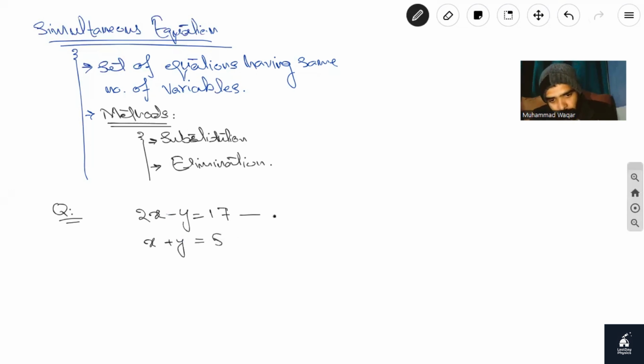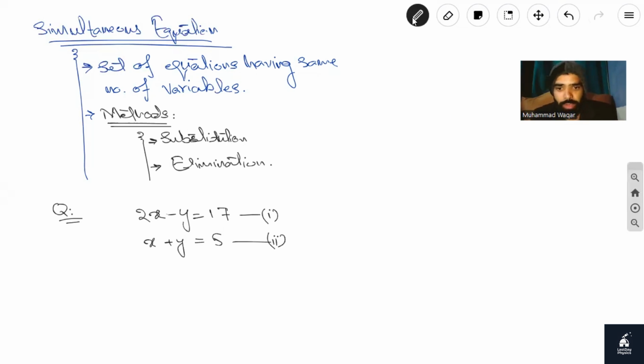Now, this is the first equation, and this one is the second equation. If we want to solve these two equations together, it means we need to find the exact values of x and y that will satisfy each equation. Those values of x and y will be the solutions for equation 1 and equation 2.